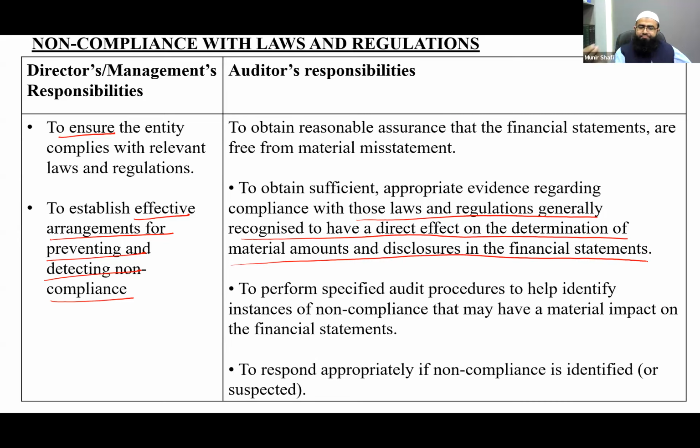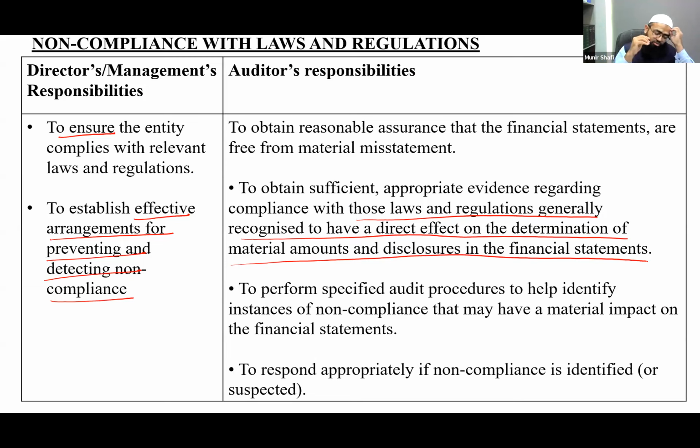Okay. So this is the auditor's responsibility to obtain sufficient and appropriate evidence. And before evidence, auditor needs to obtain understanding, then relevant evidence for any issue which may have direct financial impact on the financial statements.